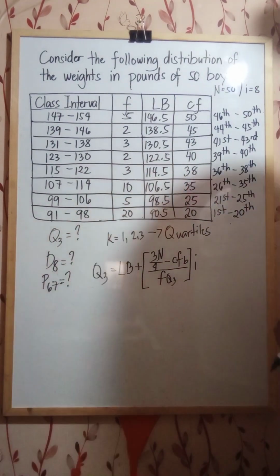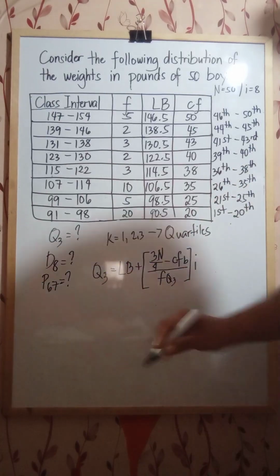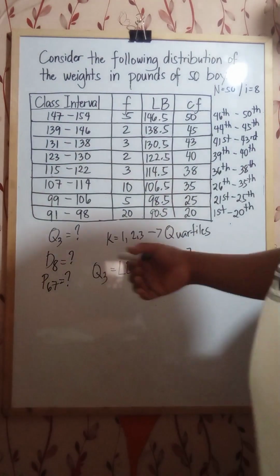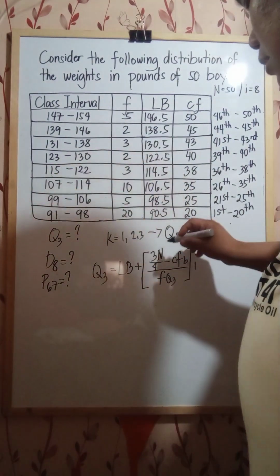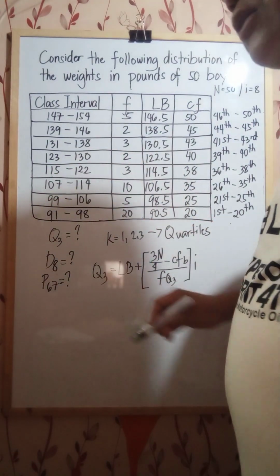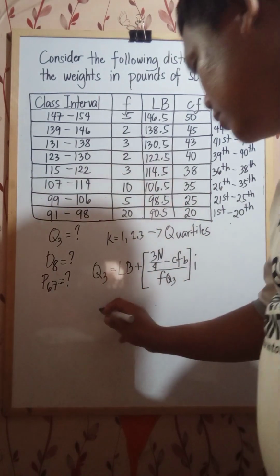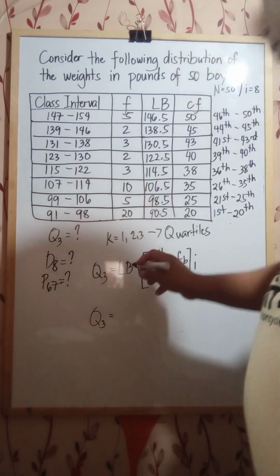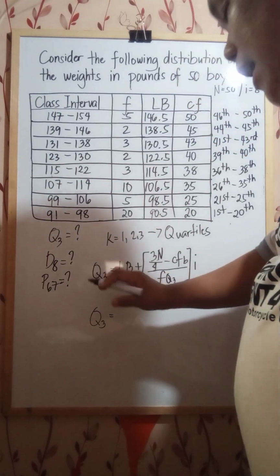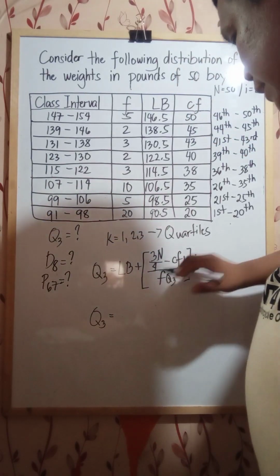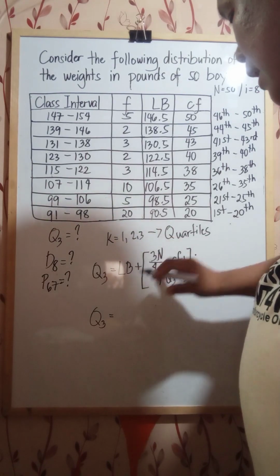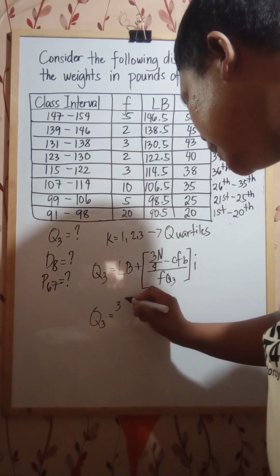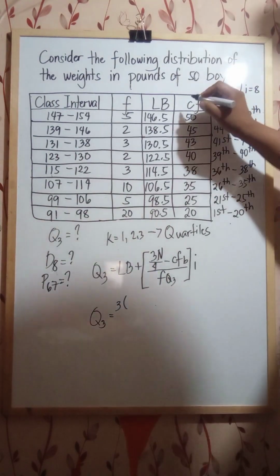Next, we're going to locate the position of the Q sub 3. Where is the third quartile located? We will use 3N over 4. Let's solve for the position first. The lower boundary is not needed yet, so we use this one, 3N over 4. The N here is 50.